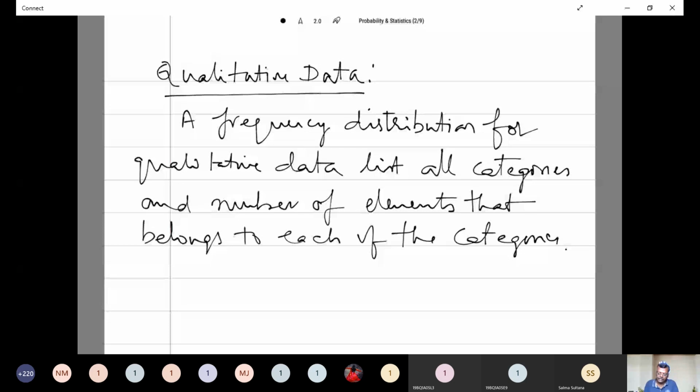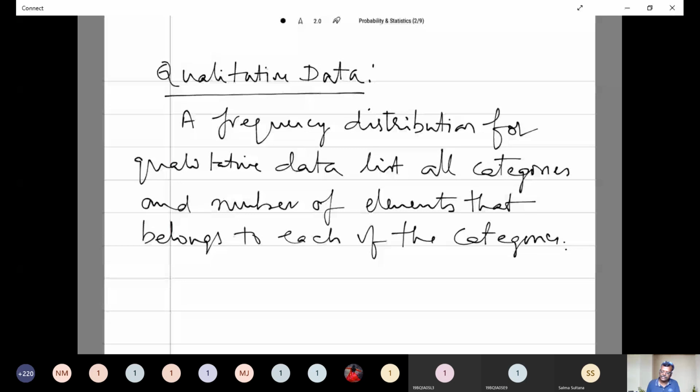Suppose A, B, C, three categories are there. First we have to identify the categories and the number of elements which belong to each category.